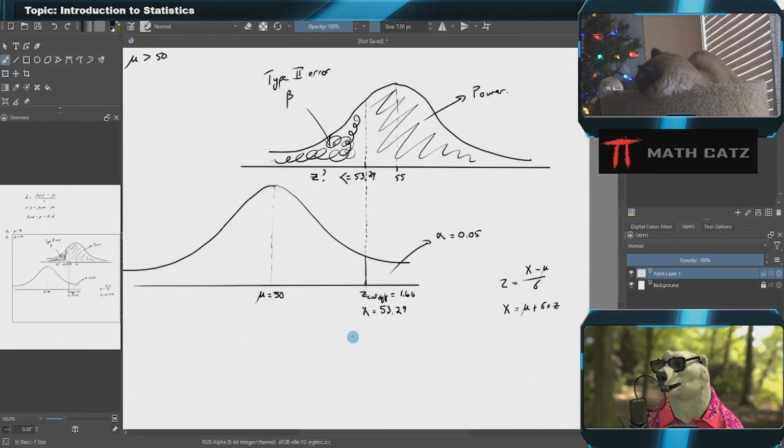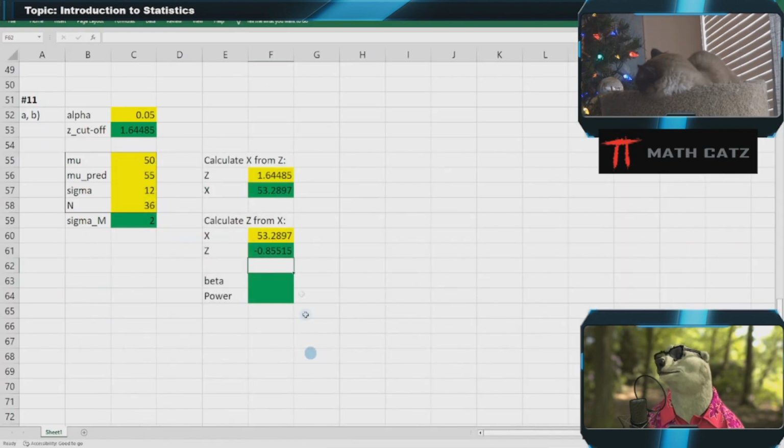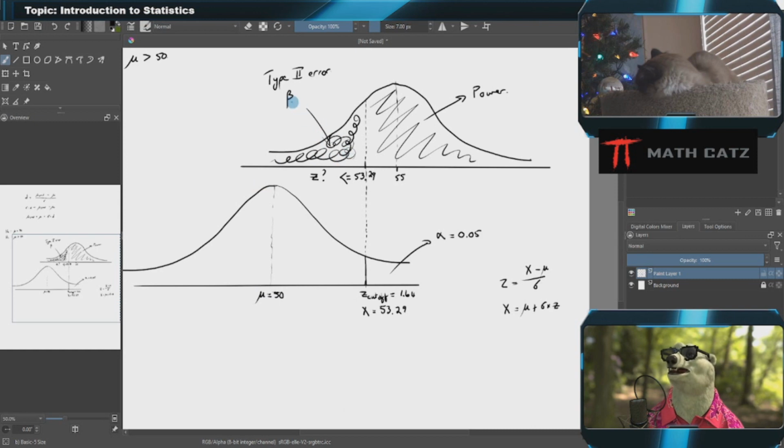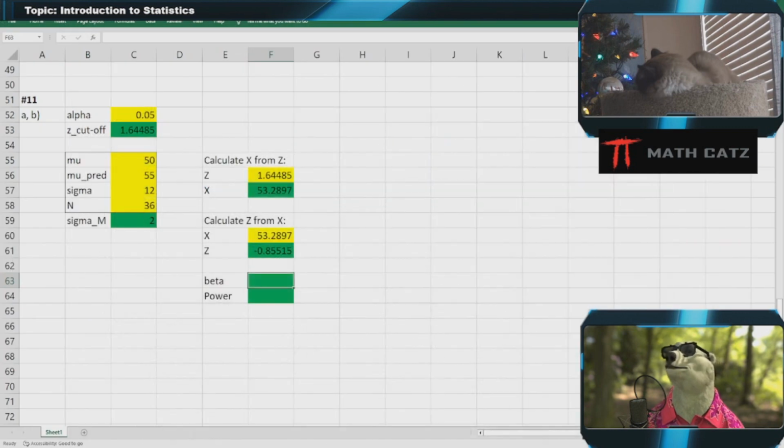Let's write that down here. Where's my pen? My pen has decided to not play along. That's okay, I don't really need it. Negative 0.86. So now I need to look up this beta, which is the left area, called beta, type 2 error. Now I'm going to look it up in a cumulative standard normal distribution, looking at the z-score.